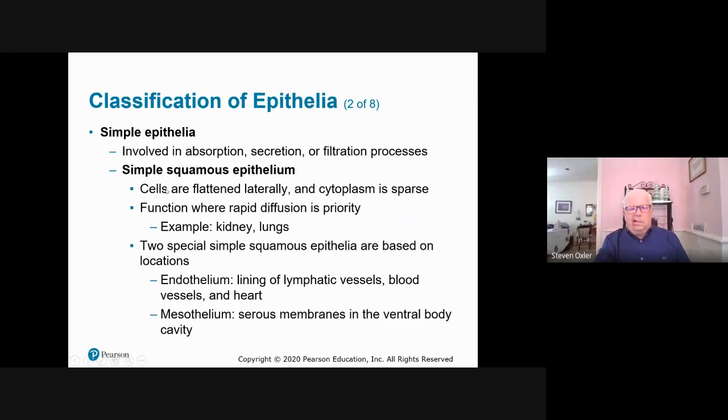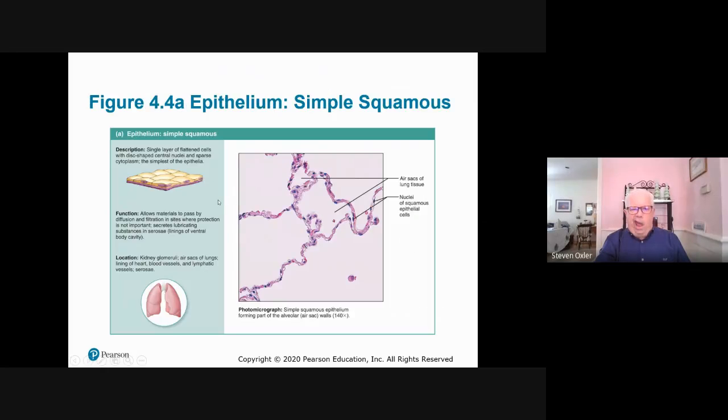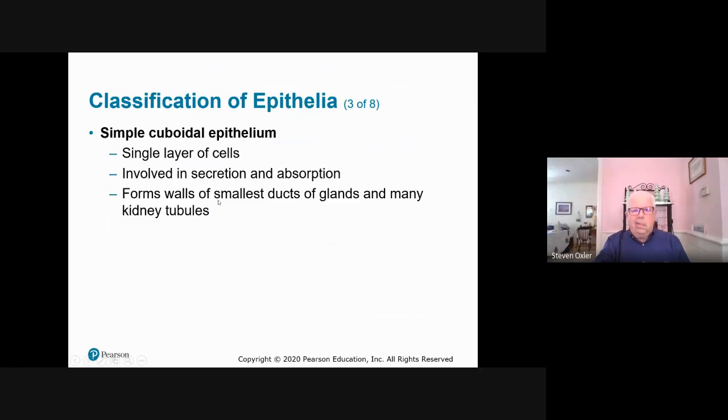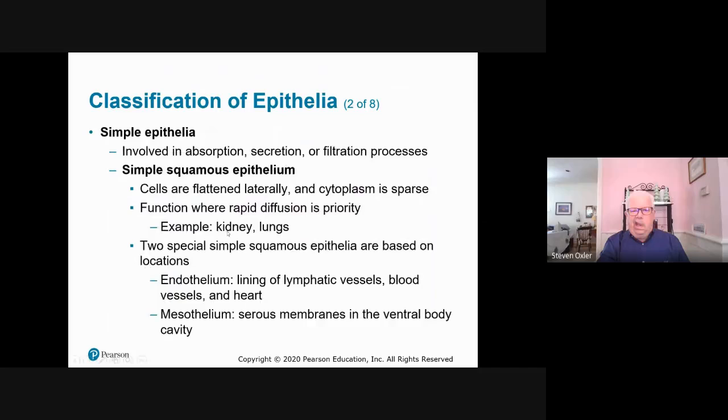So, simple epithelium. Simple epithelium is always involved in absorption, secretion, or filtration. Simple squamous, one layer of flat cells. Its function is rapid diffusion.